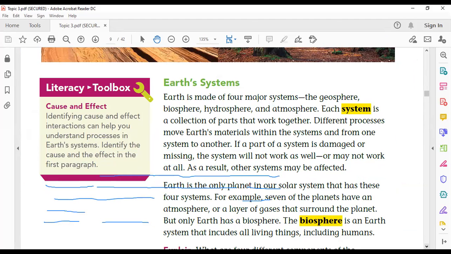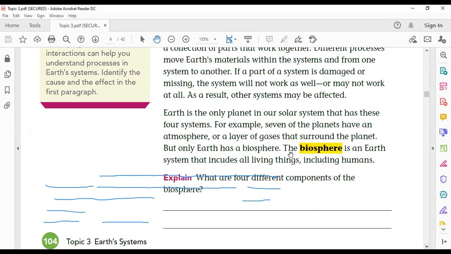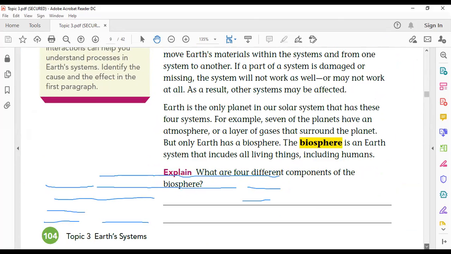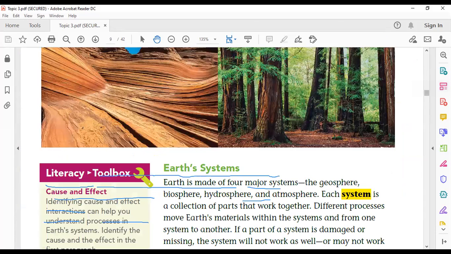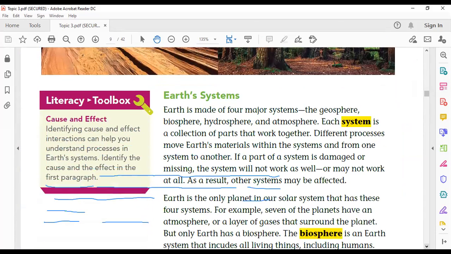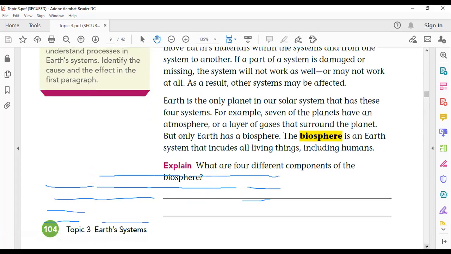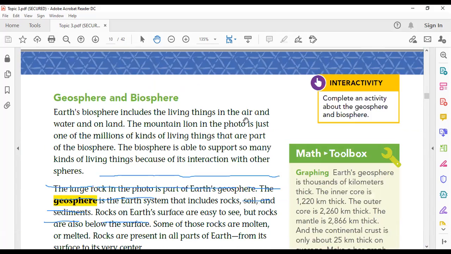The biosphere includes all living things that live on Earth, and living things can be found in air, water, and land.